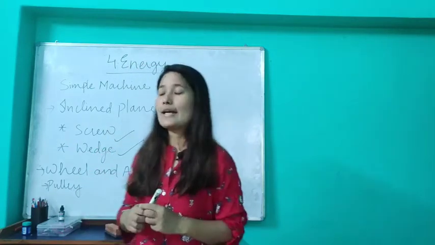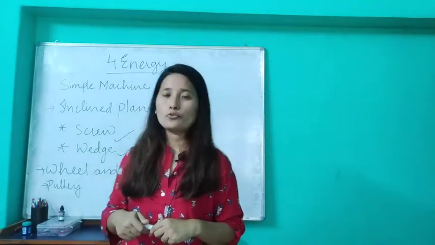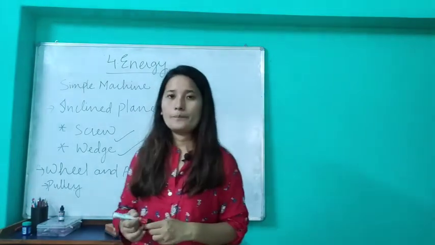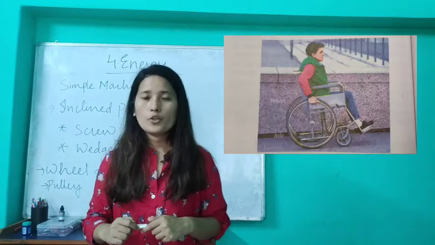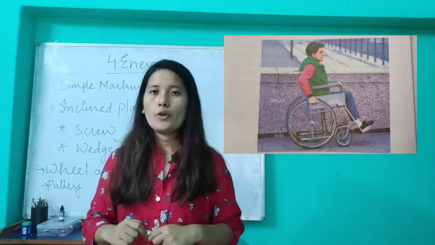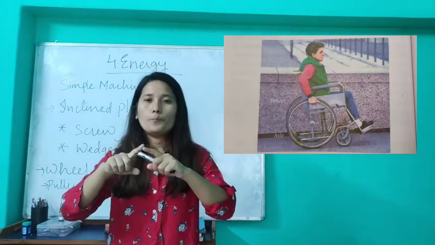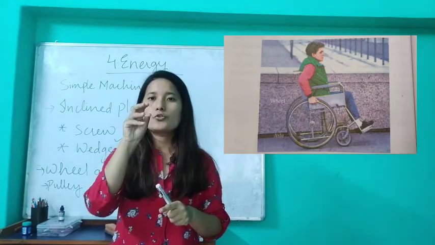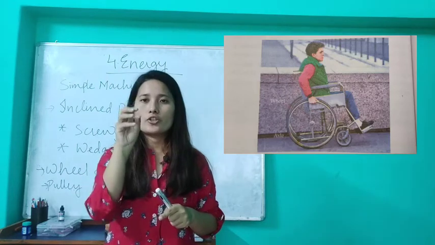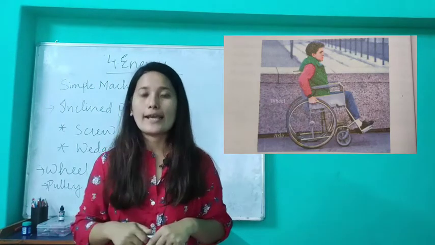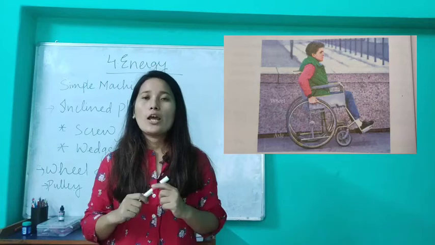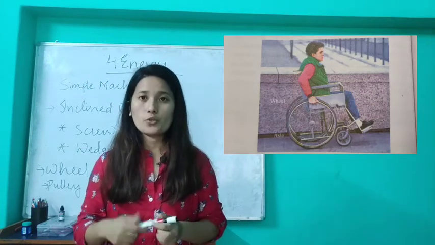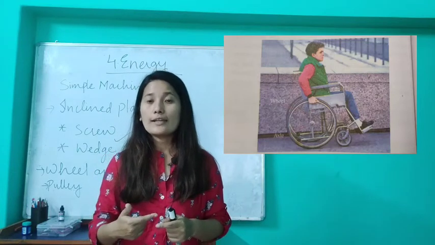Okay, now further carrying on with the simple machines, we have wheel and axle. You all have seen a bicycle wheel. You have one big circular thing, that's a wheel, and in the middle you have one circular structure, but that's smaller in size, that's an axle. With the help of a wheel, what do you usually do? In order to reduce friction, rolling friction, we have already discussed, right?